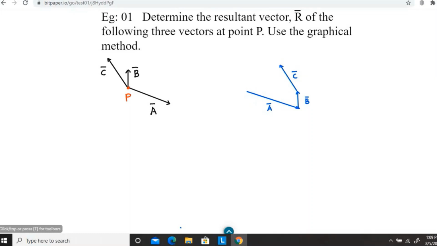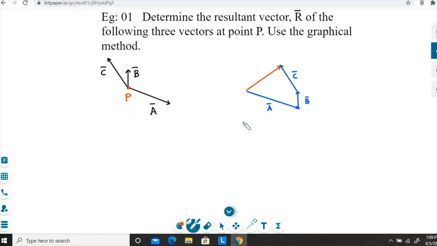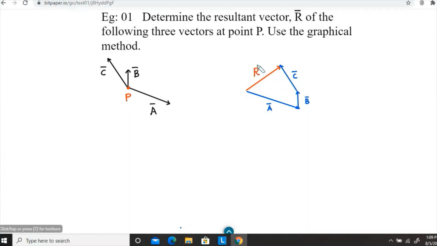And then this will give me the resultant vector R. So that's my vector R. So in a mathematical way, I can write this relationship as the resultant vector R is equal to the vector sum of A vector, B vector, and C vector.